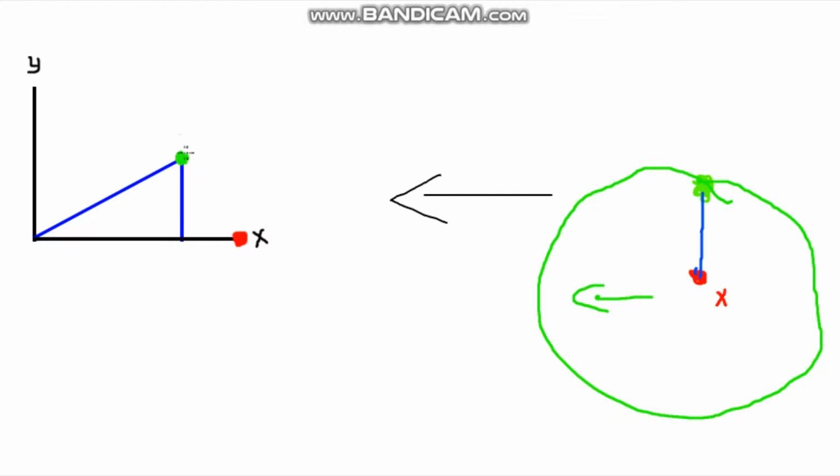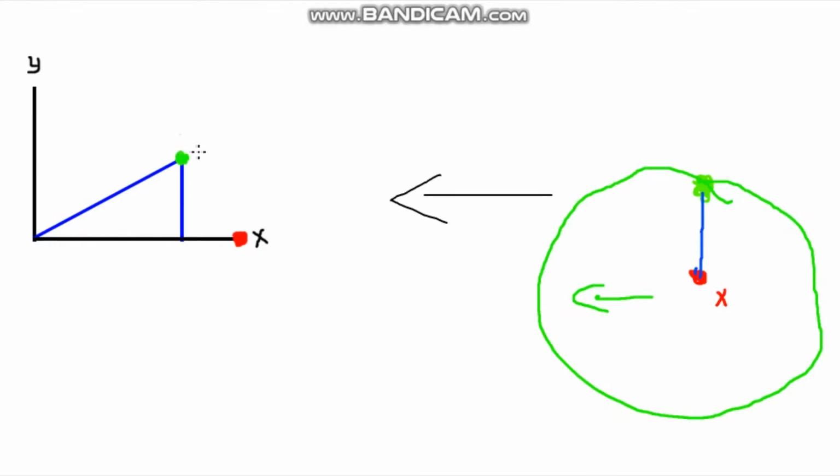And we have that green point, which is the intersection of those two lines of the triangle, which is right here. And then we have the blue part, or the blue length or height of the triangle, which is represented right here.